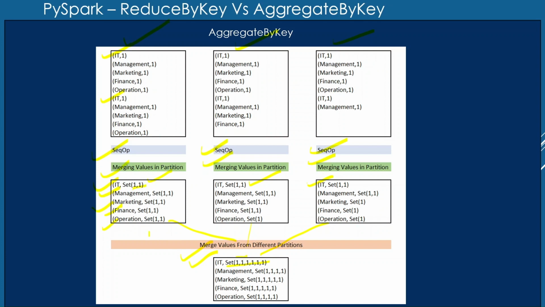Two data points come from this partition, two from this partition, and two from this partition. You can see there is only one record in the form of key and value. The key is IT and the values are whatever data values are present in the different executors. The same is true for management, marketing, finance, and operations.